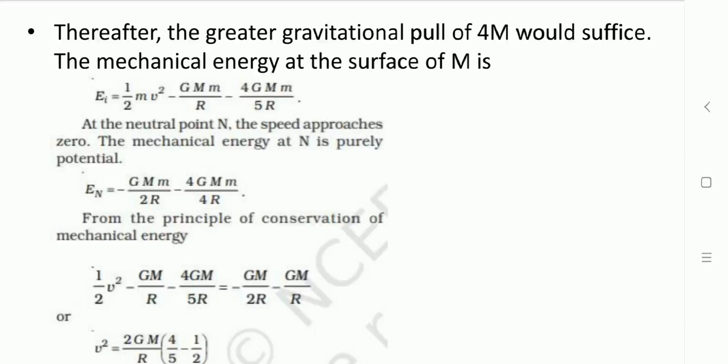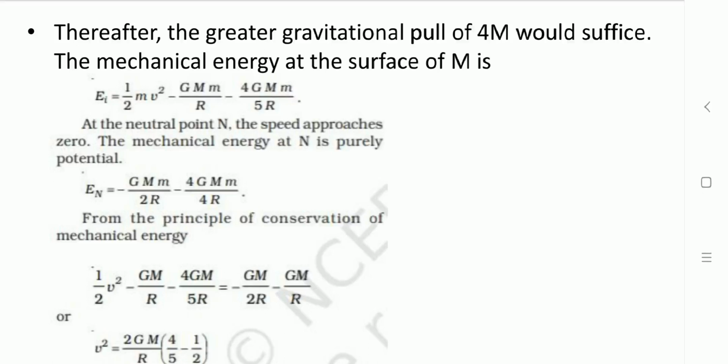At the neutral point N, the speed approaches 0 and the mechanical energy at N is purely potential energy. So at point N, the total potential energy from both the objects is minus GMm by 2R minus G 4Mm by 4R.